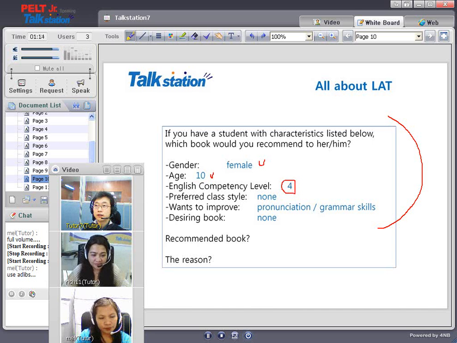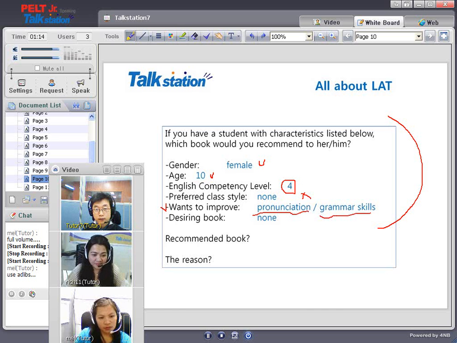Some students might say they want jolly tutors or a serious type, but in this case there was no preference. The student specified that she wants to improve her pronunciation and grammar skills, and she doesn't have any book she wants to learn with.